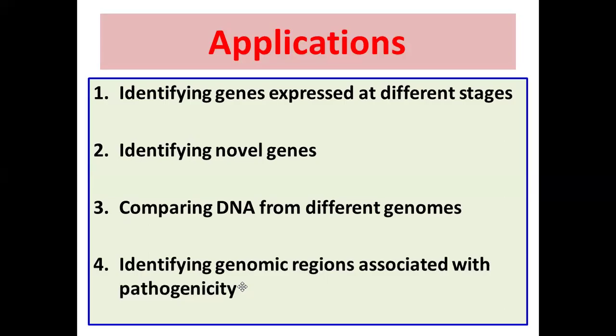When you hybridize both of them, the regions which hybridize are common between the pathogenic and non-pathogenic, right? But the region of the pathogenic strain which is not able to hybridize with the non-pathogenic one may be encoding pathogenic traits, or pathogenic genes may be there in that particular region. Hence, they are not able to bind with the regions of the non-virulent strain.